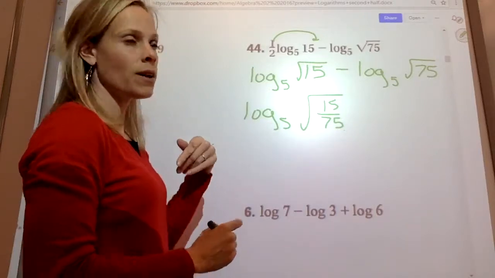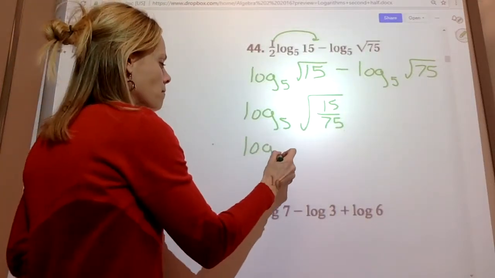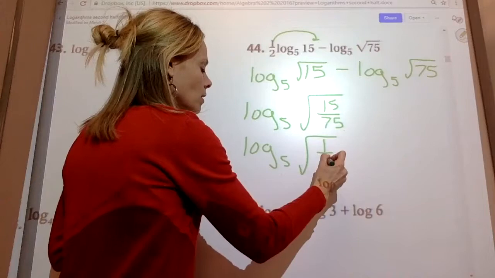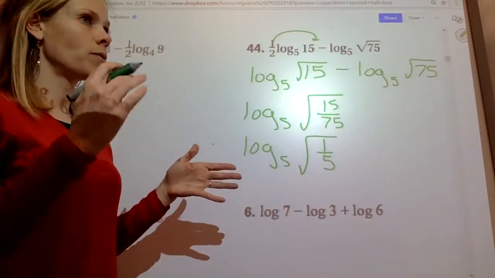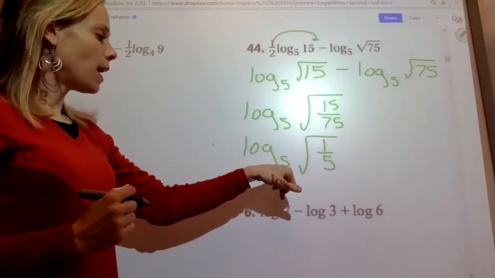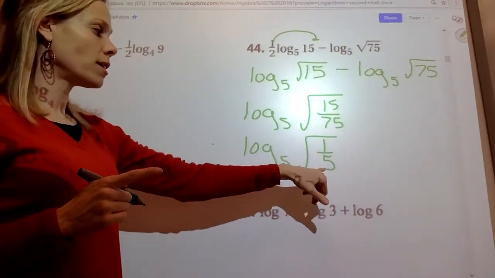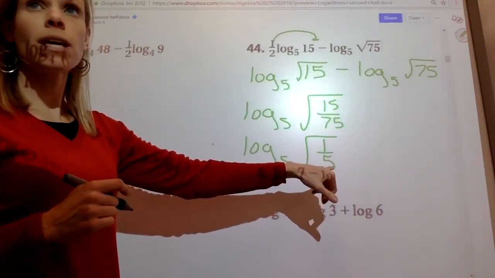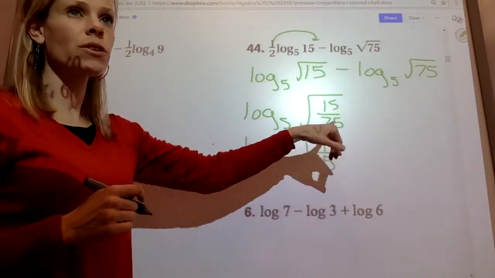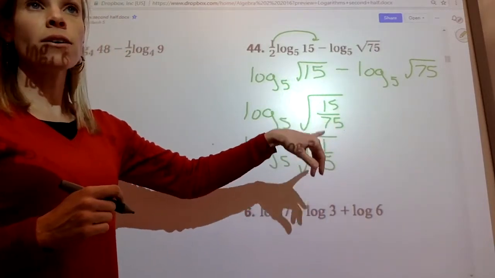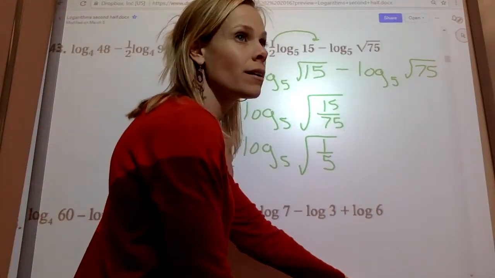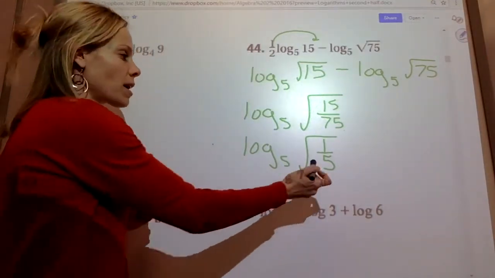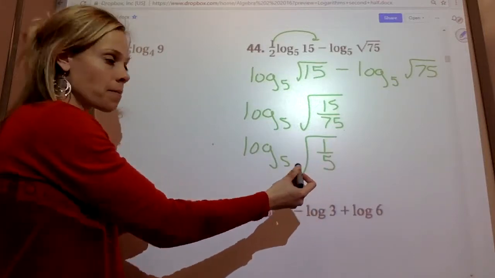15 over 75 reduces to what? 1/5. Right? Now, you kind of have to foresee that 5 to the negative 1 is 1/5. But I can't do that until I move this square root. How can I move that square root? I can change it back to a 1/2 power.